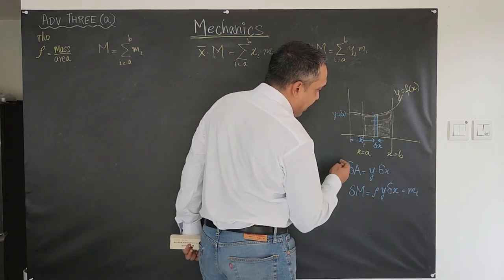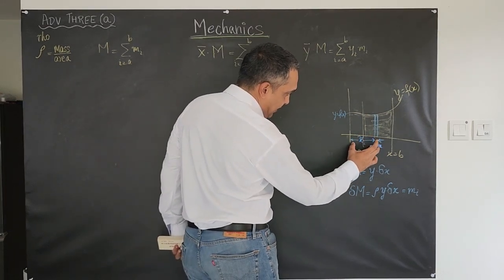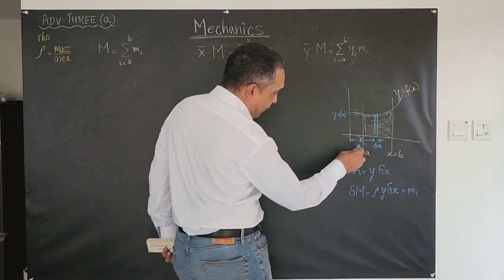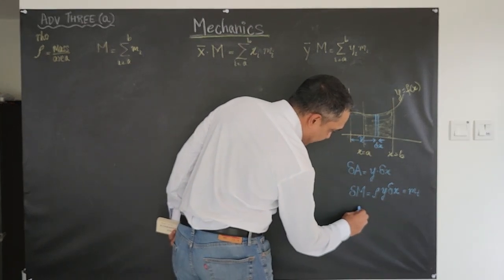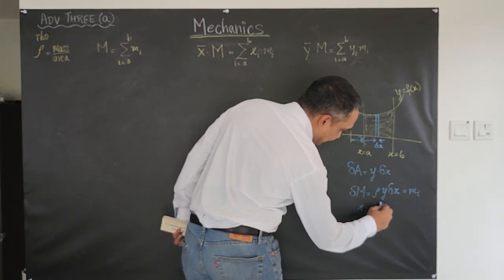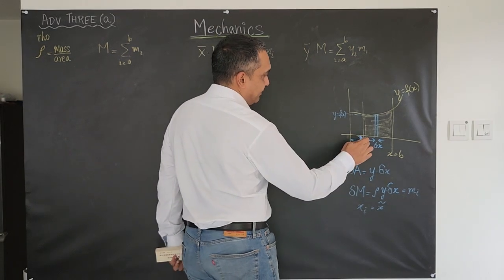Now, what would be the center of gravity of this one? Because it is fairly tiny here, the center of mass for this particular one is very clear. We've got our xi, that's very clear, right? That's x tilde, right?